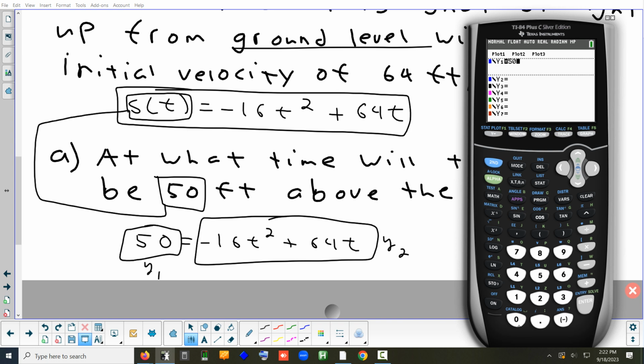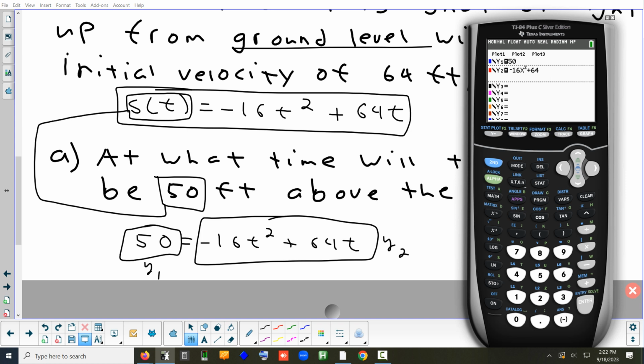So put 50 in y1, and hopefully yours is on different colors. I do want these different colors now so you can see the difference. Negative 16x squared plus 64x. Remember, you do have to use x as the variable.